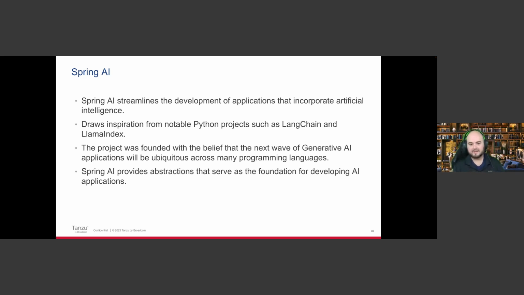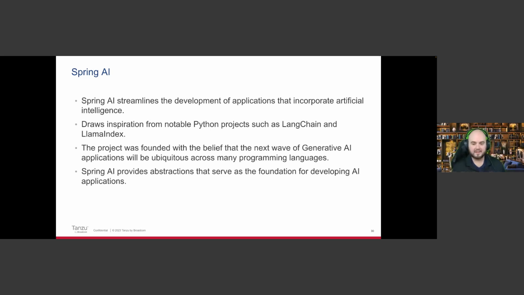Python has been in this AI/ML space for quite some time, so there are all these different modules you can load, like LangChain or Llama Index, that make some of these calls pretty easy to do. Spring AI was built to do that. So if you're a Spring developer, you don't have to learn a whole new language. You can just pick up this new project within Spring Boot and go from there.